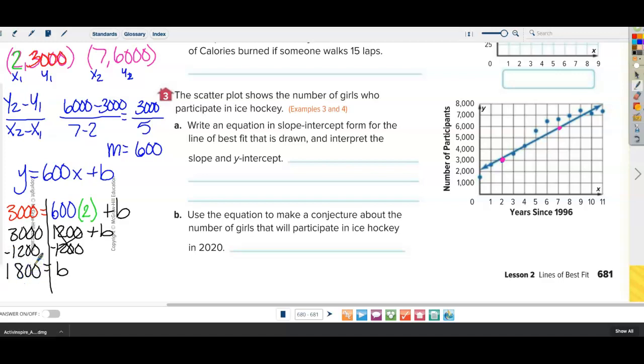So now I have B and I have M. So my final answer for this is y equals my slope, or M, which is 600, x plus my B, which I found to be 1800. So there's my equation. If we were to interpret this, the slope is 600, so we're saying that every year the number of participants increases by 600.